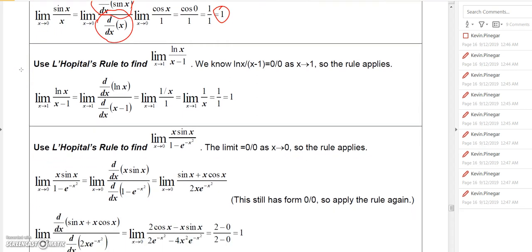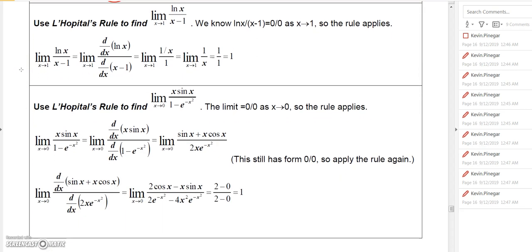Again, you can't use L'Hopital's rule on just any limit. It has to be a limit that leads to one of the forms, and one of the forms is 0 over 0. So let's look at this one: natural log of x over x minus 1 as x approaches 1. If we plug 1 in the numerator, we get natural log of 1, which is 0.